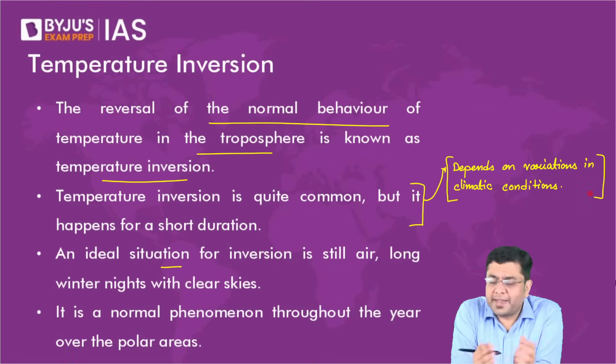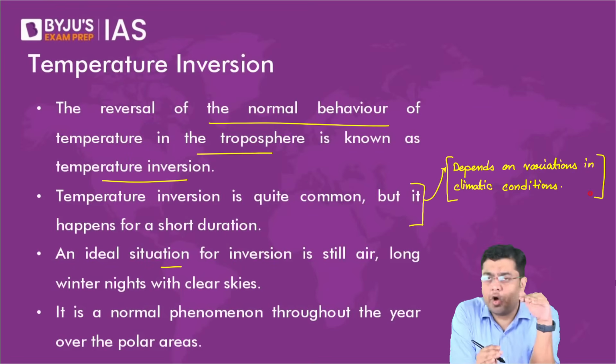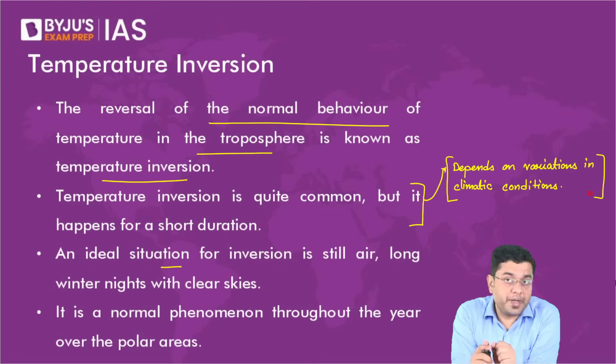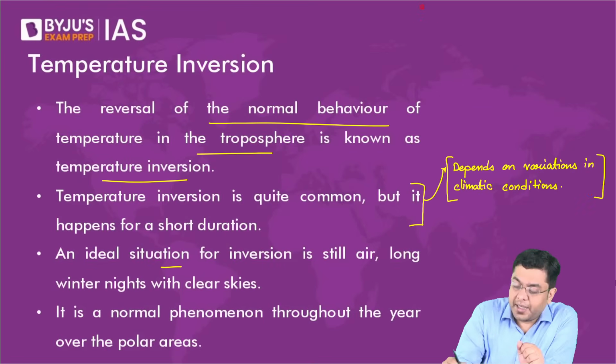You have various ways in which this phenomenon of warm air on top and cold air at the bottom can be achieved. Depending upon the ways in which a negative lapse rate can be achieved, that is the criteria for the classification of temperature inversion. So you have various different types.